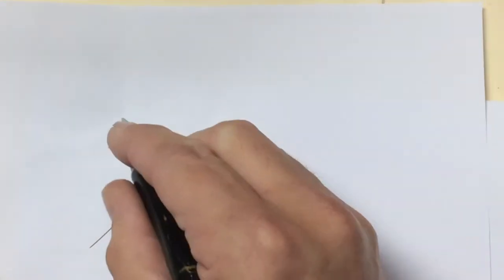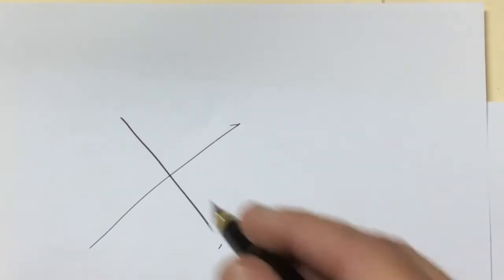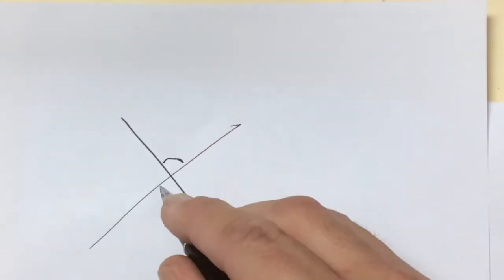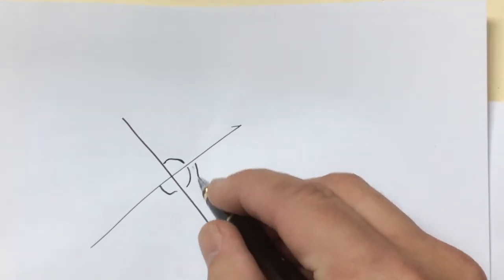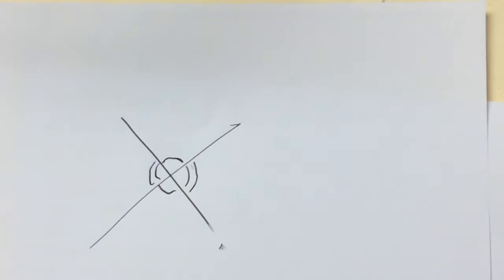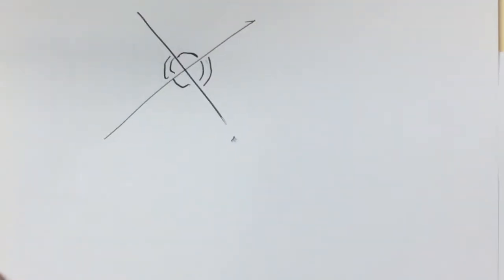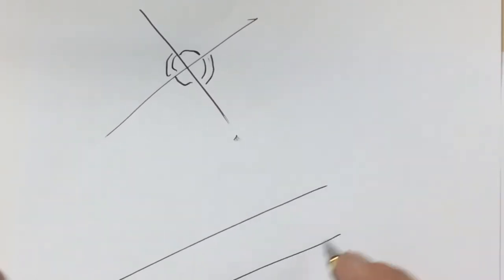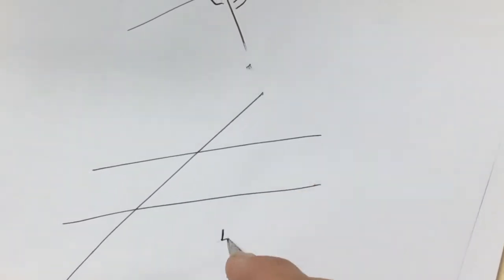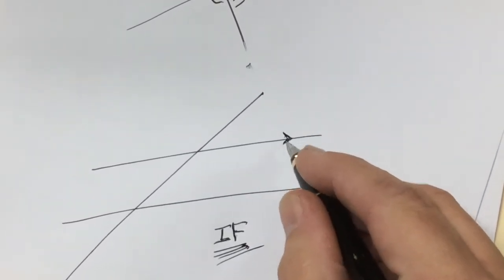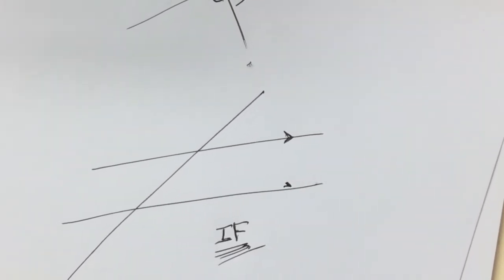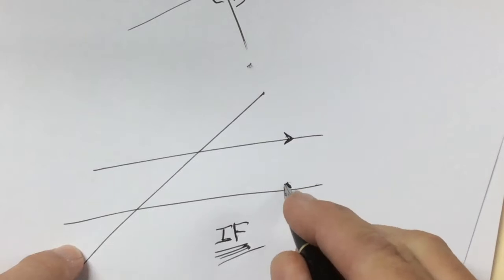What you've got to remember is there are ways you can tell if angles are congruent. For example, vertical angles are always congruent. Vertical angles are the ones that are across from each other at the same intersection if you have two lines crossing each other. If you have two lines and a transversal that crosses them, if the two lines are parallel, then you know that the corresponding angles are congruent.